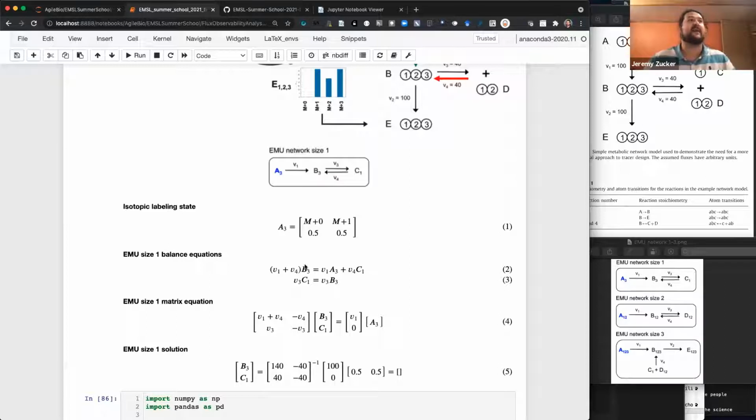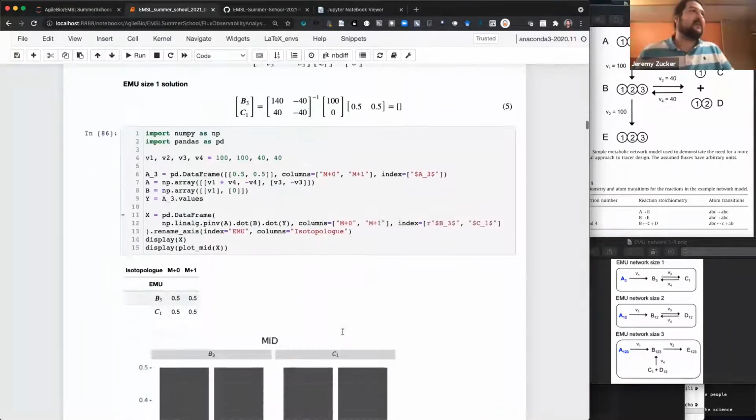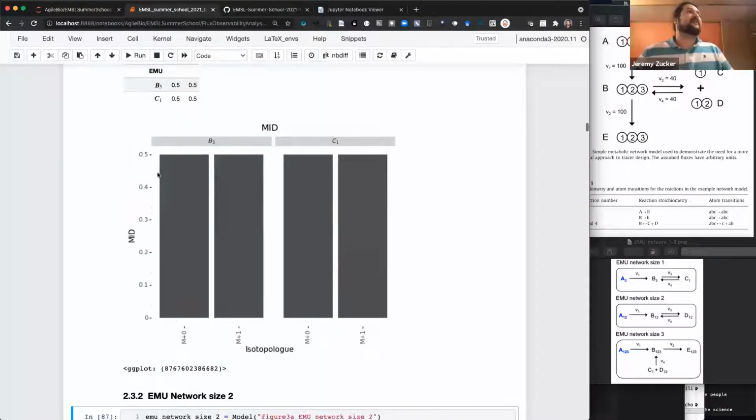On the left-hand side, all the fluxes are pointing to it, and on the right-hand side, all the fluxes are pointing away from it. Does that make sense? Cool. So that was actually a clearer way of saying that. These are the MIDs associated with the B3 and C1 EMUs.